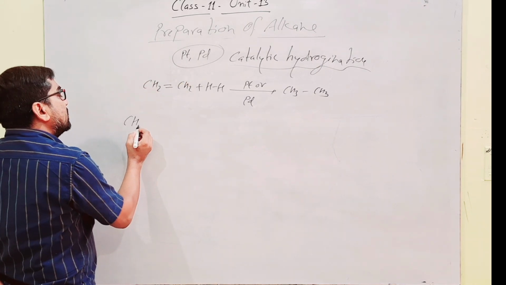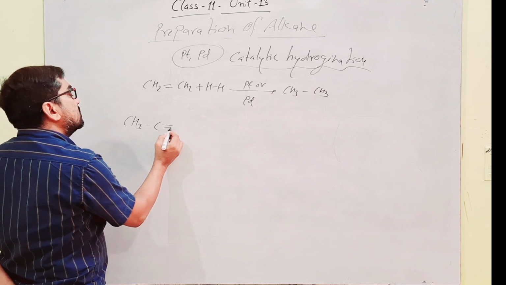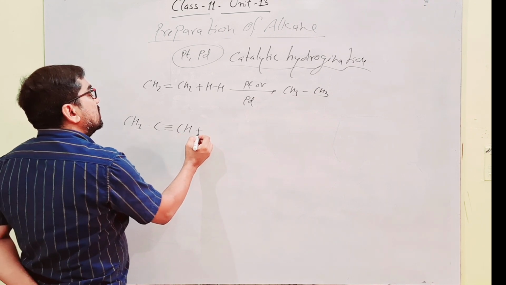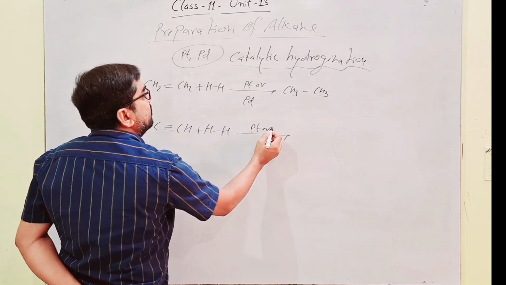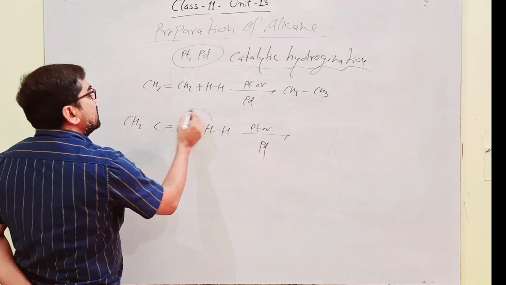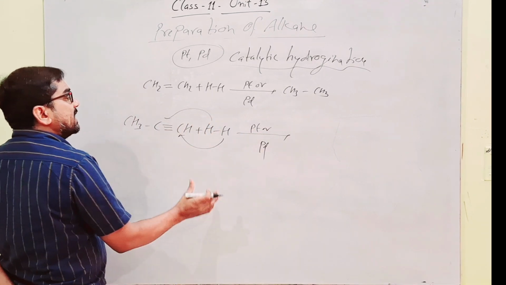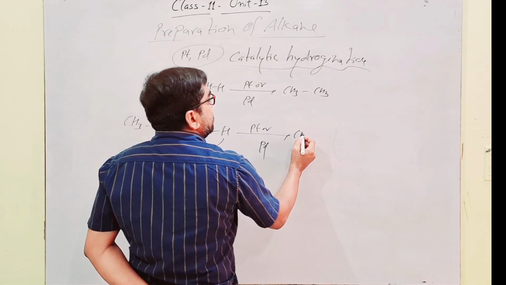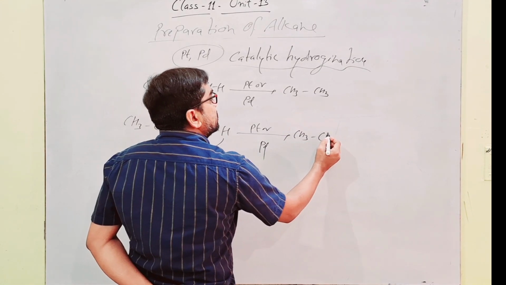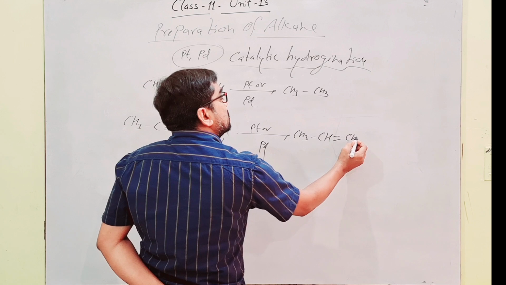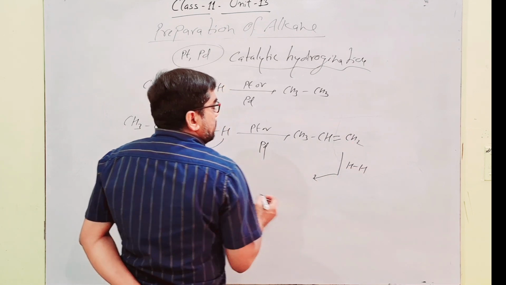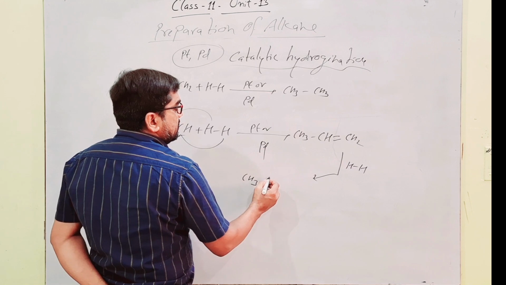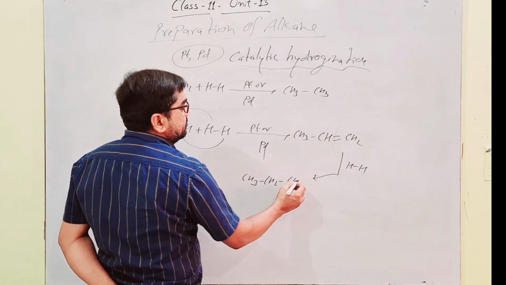Same in the case of alkyne, CH3C≡CH is now reduced in the presence of platinum or palladium. Again, same condition, hydrogen gets attached to the triple bond. The reaction goes in two steps: first CH3CH=CH2, and the next step results in formation of alkane.